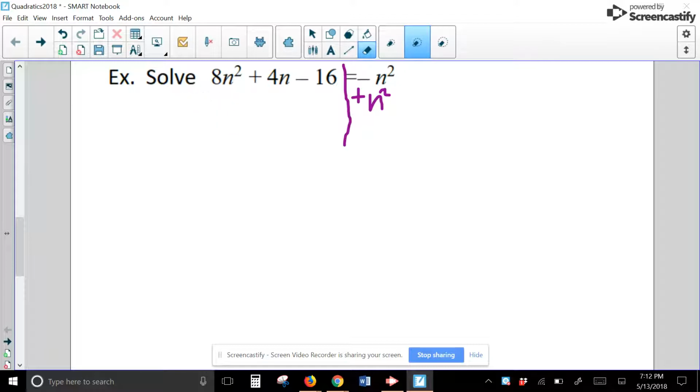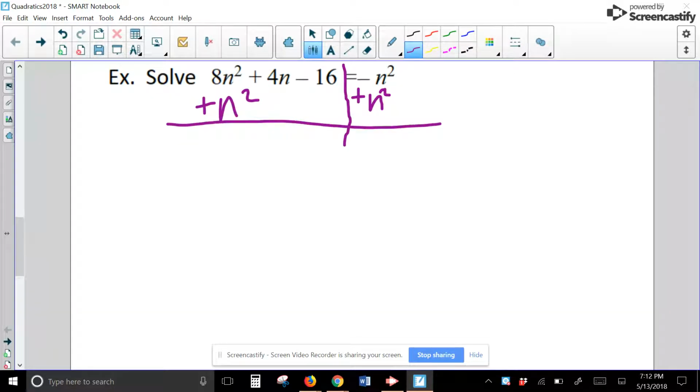Okay, having some technical difficulties. Plus n squared on this side. So that's an invisible 1n squared. So we have 9n squared plus 4n minus 16 equals 0.